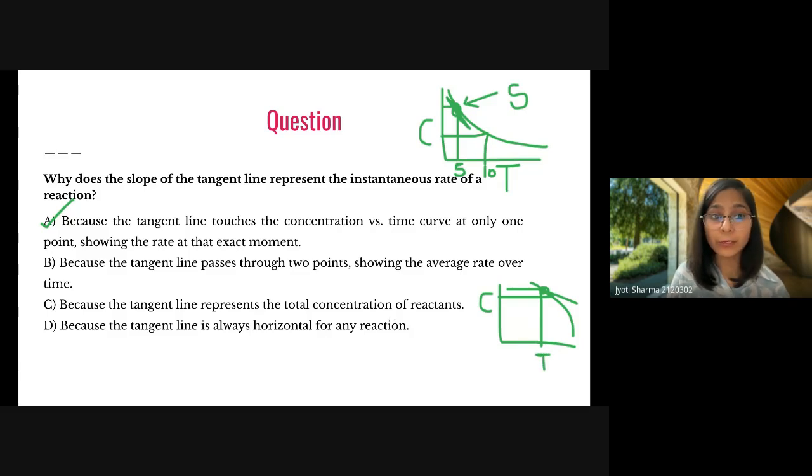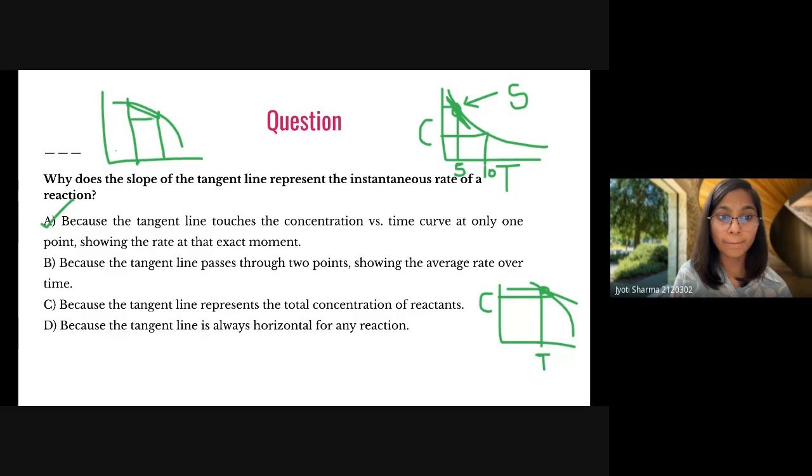If you want to calculate the average, let's say again you have this curve, and here you have two points and you draw a line through them. This is not a tangent, but a line. This line gives you the average slope, the average reaction rate.